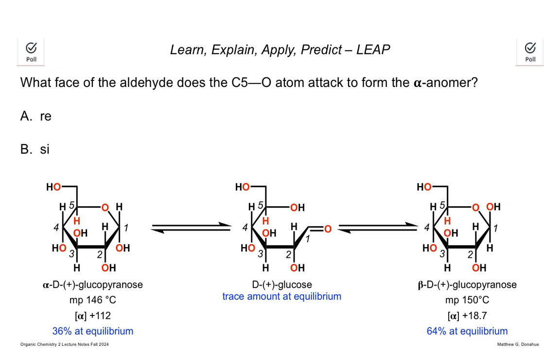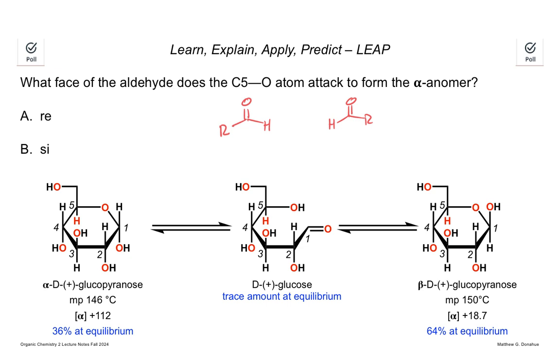And so a little bit of nomenclature. We know that to be a stereogenic center, the carbon has to have 4 different things.